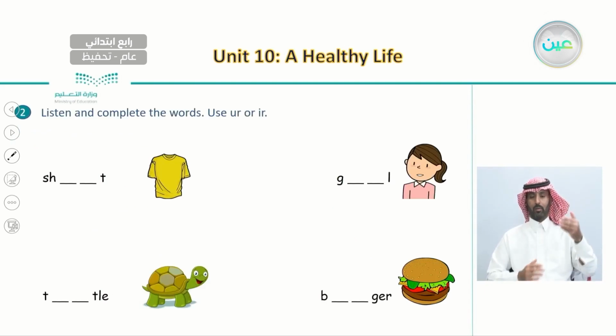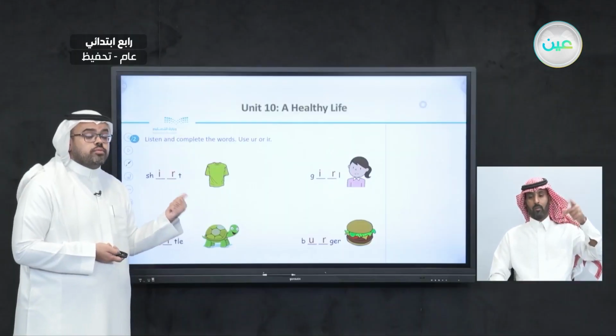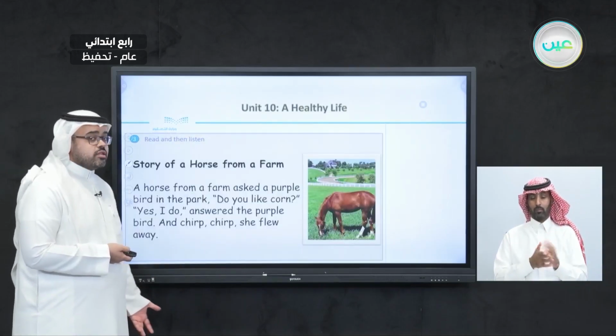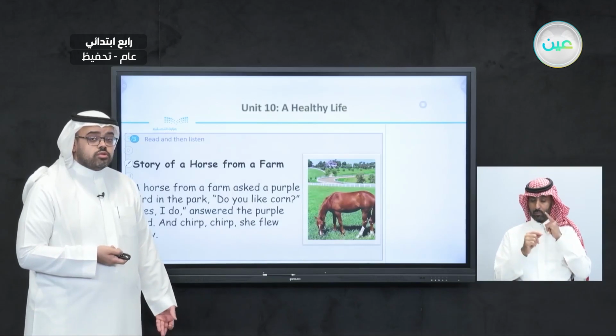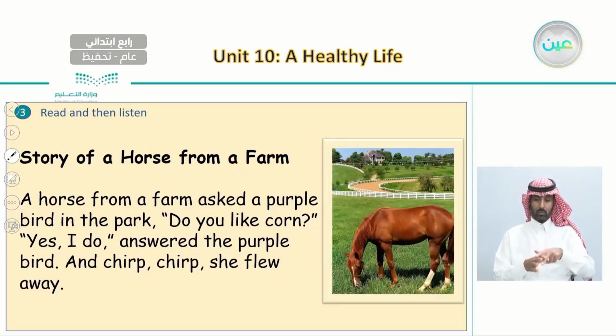And we gave other examples of each one of them, where we listened to each of these words like shirt, girl, turtle, and burger. And when we listened to them, we decided how to fill in these words, sometimes with IR, sometimes with UR. And after this, we read a story about a horse and also about a bird.